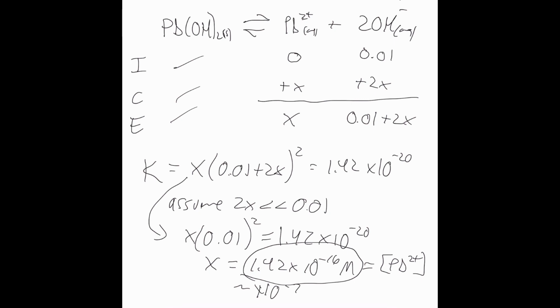What did we add? We added product, and we pushed the equilibrium back towards reactants. Even though the solid is not part of the equilibrium expression, it still goes back towards reactants. We add more hydroxide, we tie more of that lead up into lead hydroxide, and we make more solid. So we reduced the concentration of lead by 9 orders of magnitude using Le Chatelier's principle.